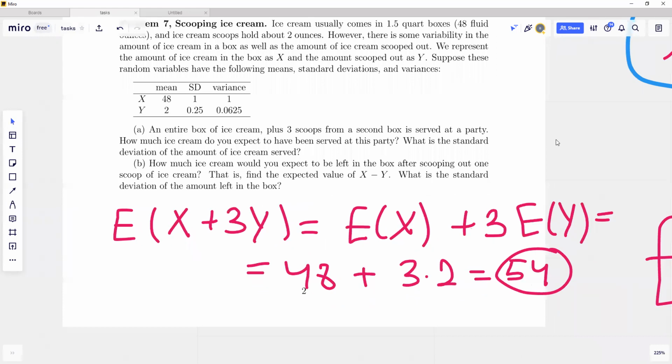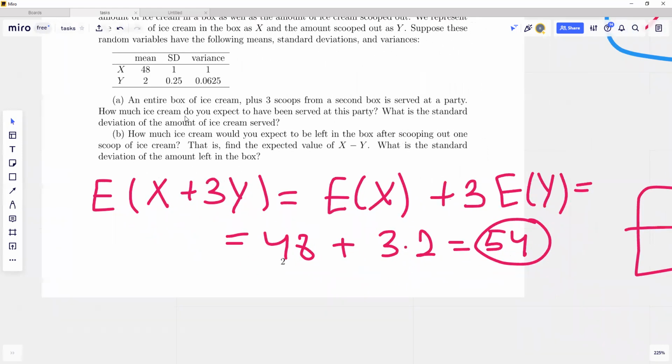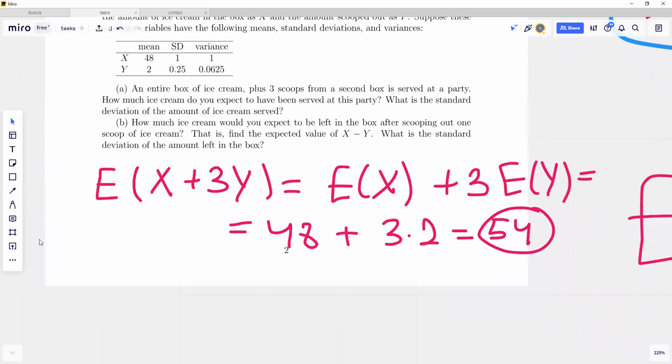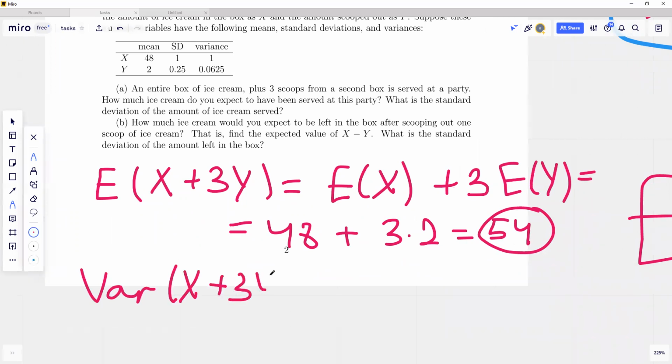Now let's find what is the standard deviation of the amount of ice cream served. So this is a variance of X plus 3Y.